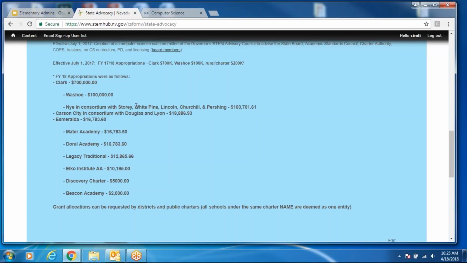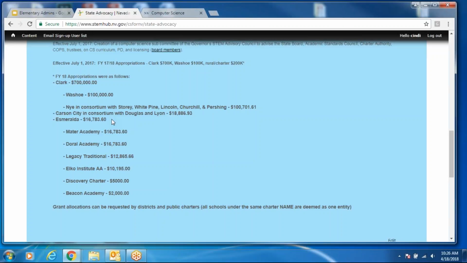So you can see here, Story, White Pine, Lincoln, Churchill, and Pershing joined with Nye. Carson City, Douglas, and Lyon were in one. Esmeralda went rogue on their own, and then these are our charters. And so with that, and obviously it's through the district, hopefully with input from you folks and their grant department, they decide a vision or a strategy on how they're going to broaden computer science in their district. And then after they come up with that strategy, they decide how they want to spend the funds.